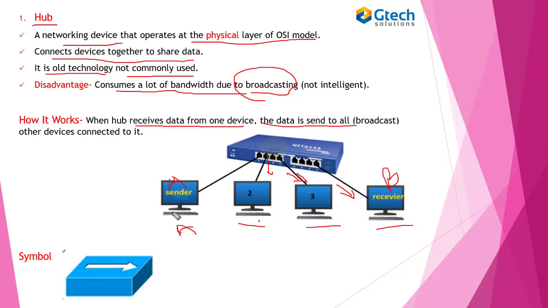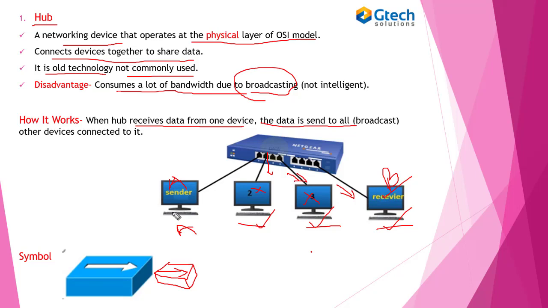When data reaches here, the computer will say, oh, this data is not meant for me, and it will drop it. The same happens at the next computer. And at B, it says, oh, this is my data, and it is received there. The symbol of a hub is a single arrow and a rectangular box.